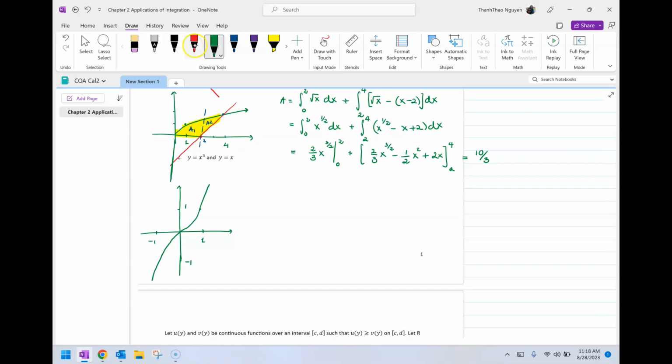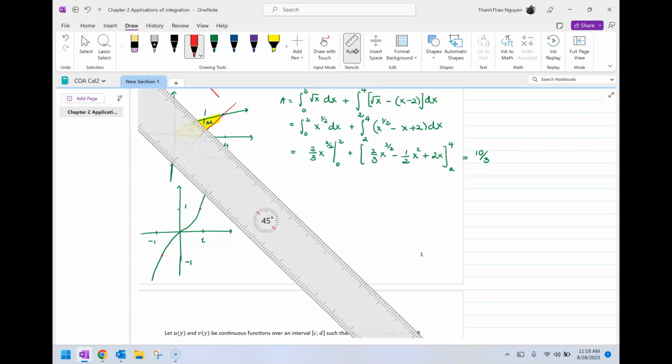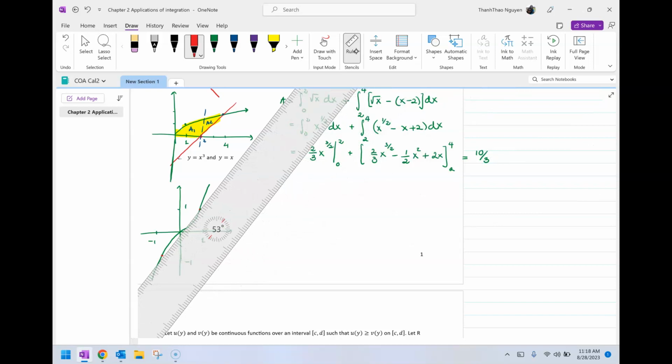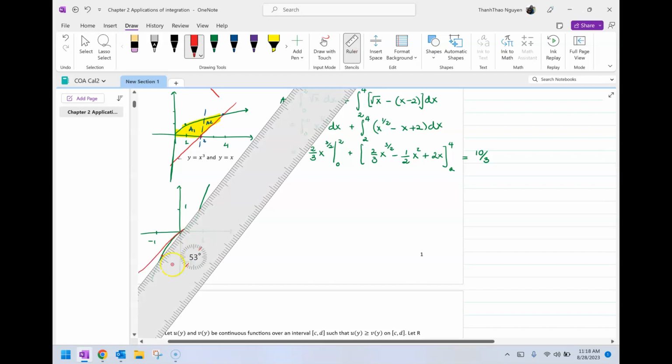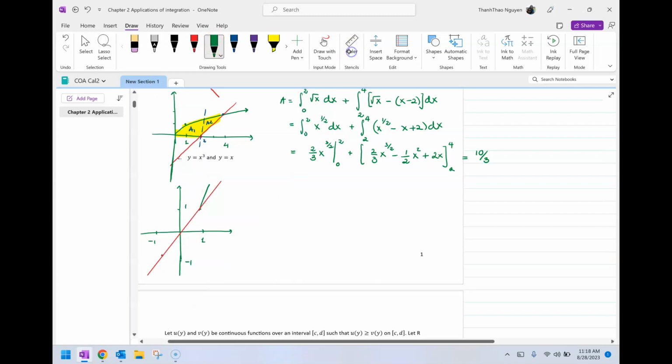The line y equals x is this line. So the region we speak of is bounded by these two curves.